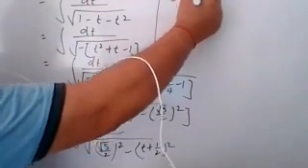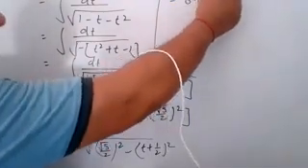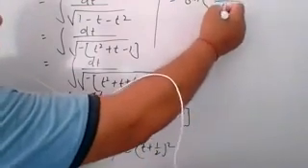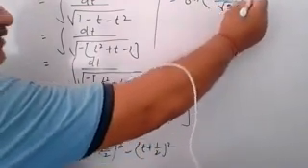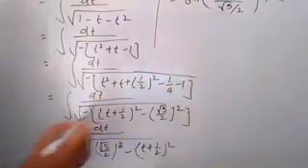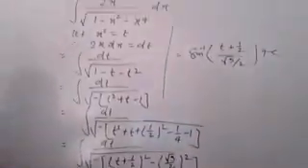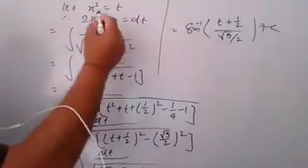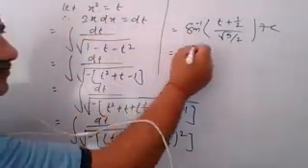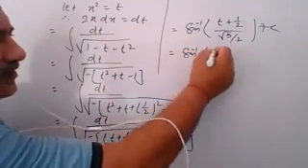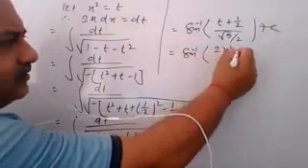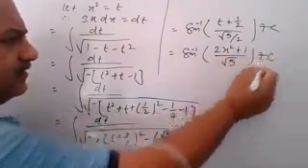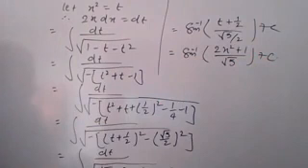So in place of x, here you have t plus 1 upon 2, by a means root 5 by 2, plus c. Now you put the value of t also. Here the value of t is x square. So you have sine inverse 2x square plus 1 divided by root 5, plus c is your answer.